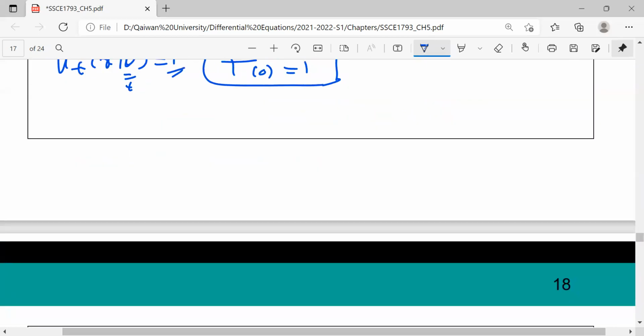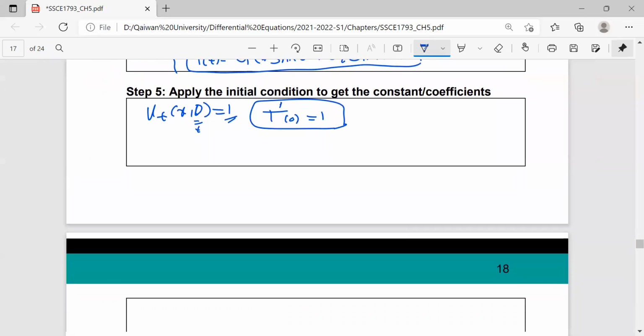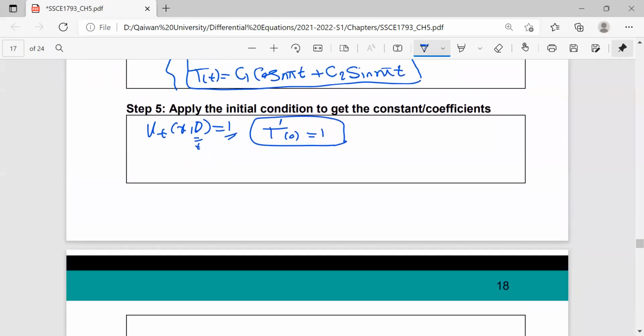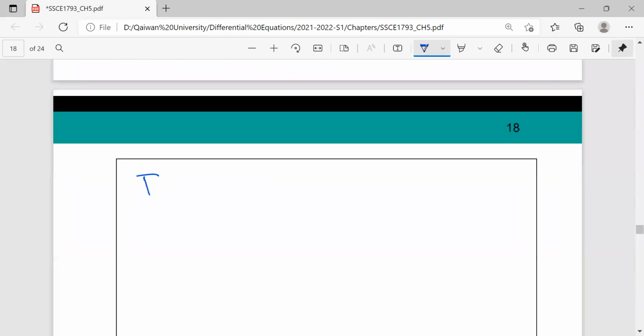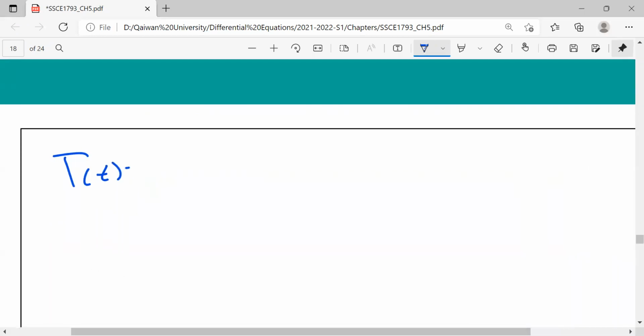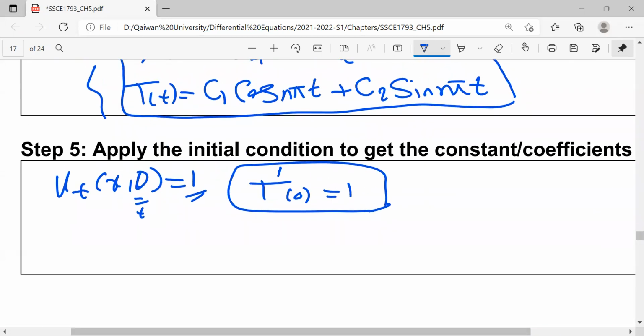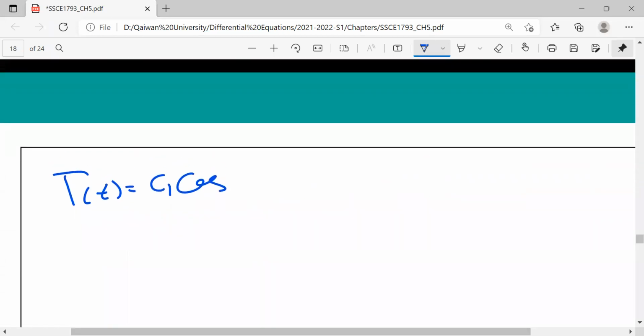Let's write down T of t. T of t equals C1 cosine n pi t plus C2 sine n pi t. We have this solution for T. Now we must find T prime of t, then we apply the initial condition.